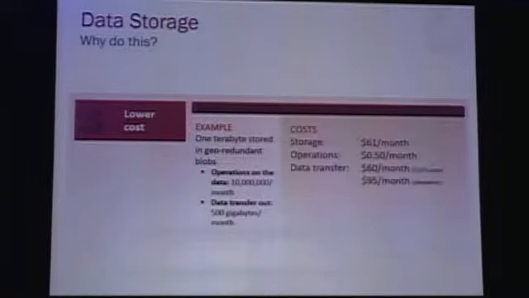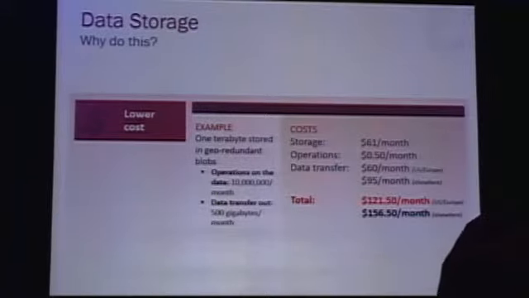You'll see it's tiny. And suppose you move out 0.5 terabyte a month. What will your cost look like for storage? Well, there's storage, there's operations, there's bandwidth. It varies in the US and Europe. The total cost for your terabyte per month looks like this. $121.50 a month in the US, a little bit more in Europe. I'm sorry, outside US and Europe, in Asia Pacific.